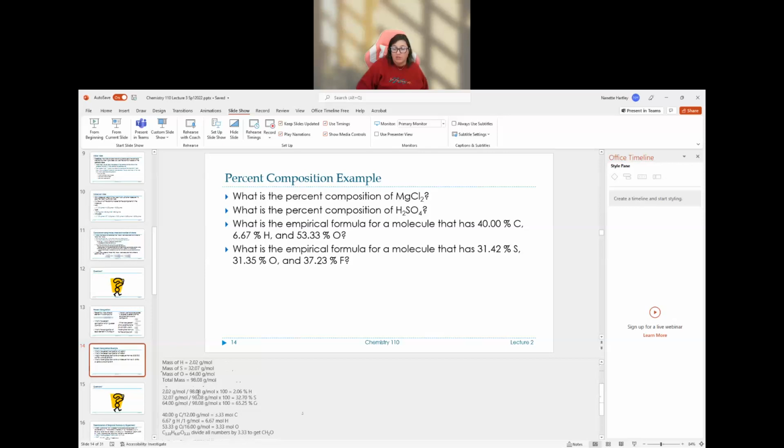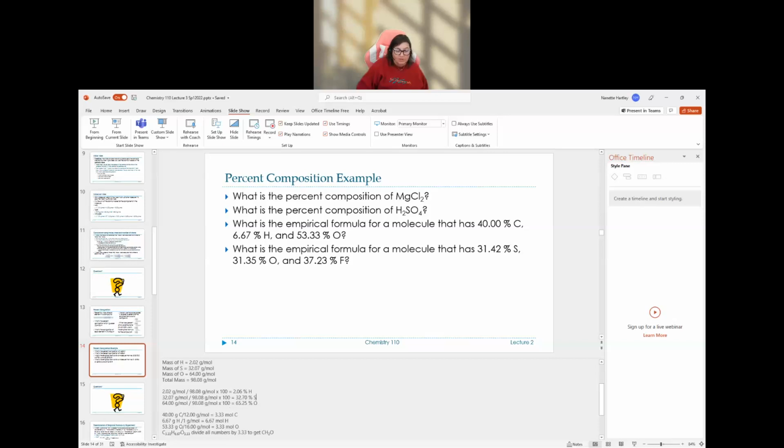Mass of the hydrogen divided by the total mass times 100 is 2.06% hydrogen. Mass of the sulfur divided by the total mass times 100 is 32.70% sulfur, and 64 divided by 98.08 times 100 is 65.25.